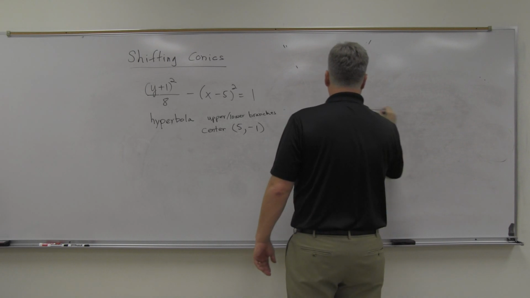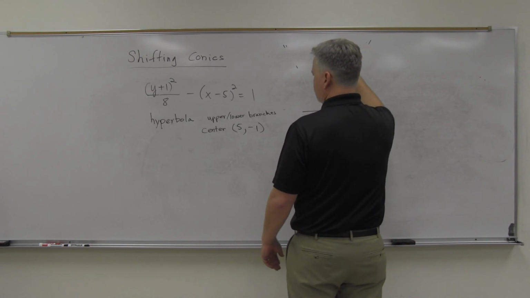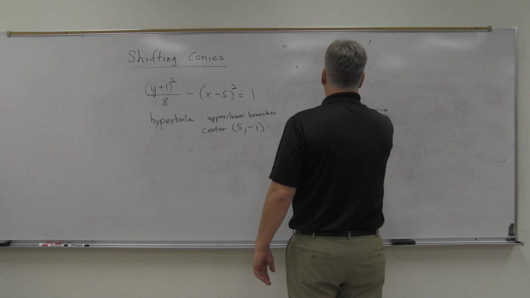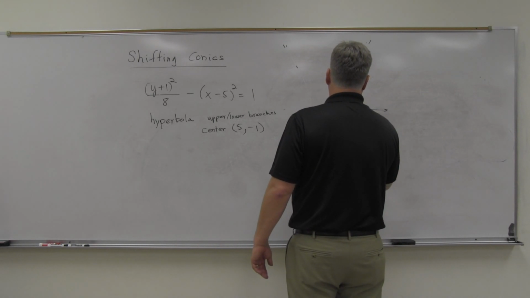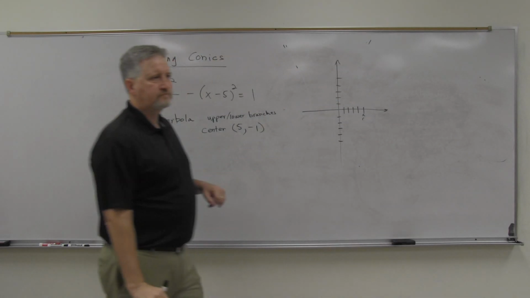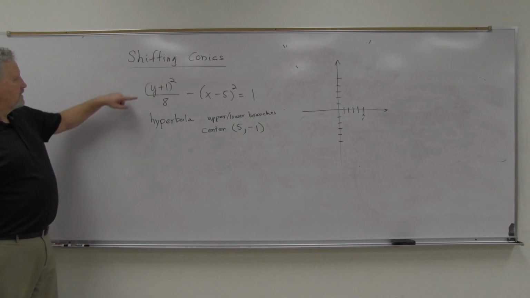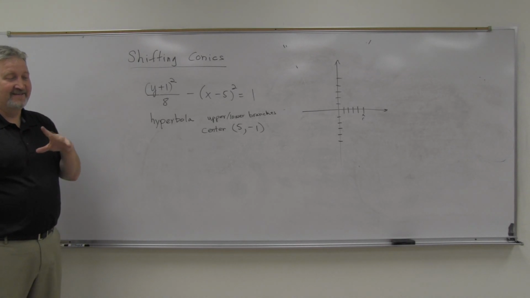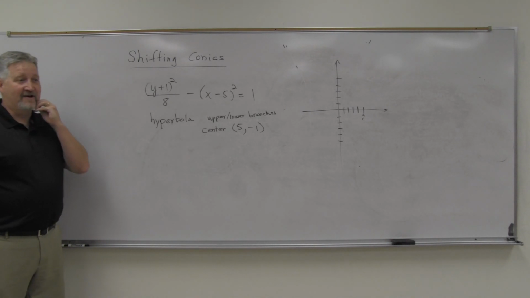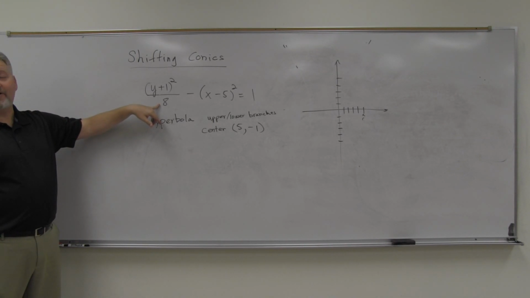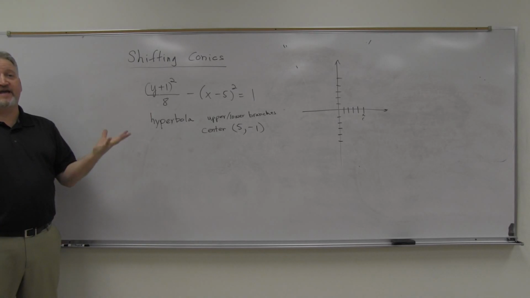Graph-wise, all right, we got this, find the center. Positive 5, negative 1, so there's my center. All right, so a couple of things. I don't know how many they give you that are not nice perfect squares, but 8, I don't go out 8, and it's under the Y. I don't go out 8, do I?